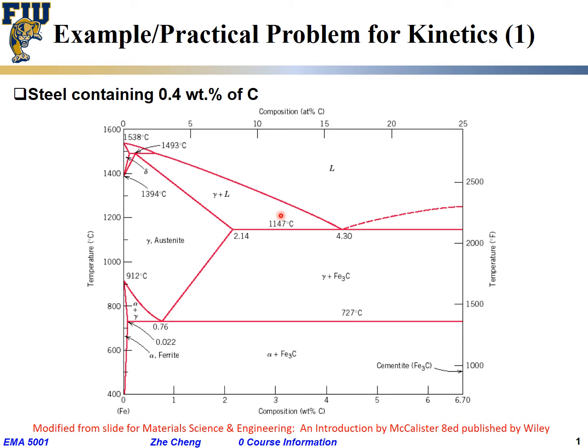For the gamma, it's the opposite arm divided by the total. So the gamma would be from here to here, divided by from here to here. So the gamma would be less than 50%, while the liquid is more than 50%. Questions? Okay.